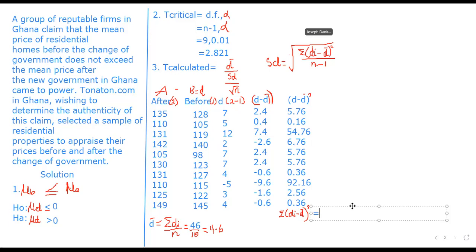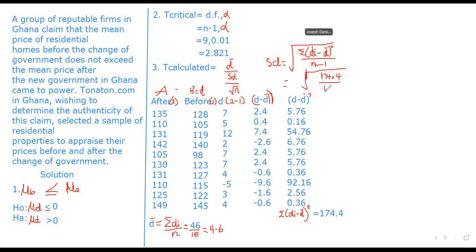So I got 174.4. Now I'm moving on with the SD. It will equal the square root of 174.4 all over 10 minus 1.